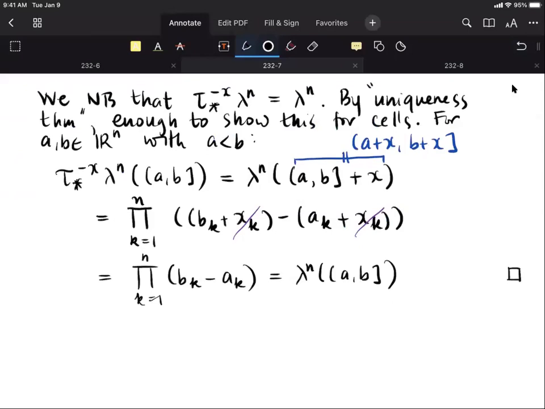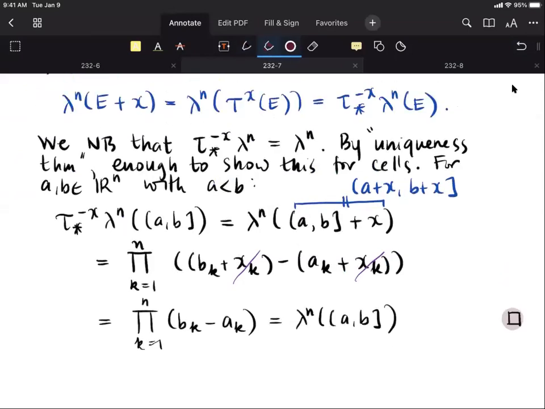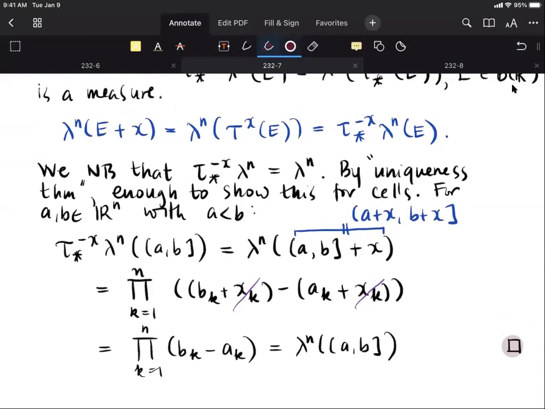So therefore, we have verified that the two measures, that is this image measure and the Lebesgue-Borel measure, coincide on all cells. Since the cells generate the Borel sigma algebra on R^n, and since these measure spaces are sigma finite, this implies that we have this equation, meaning this is true for any Borel set in R^n.